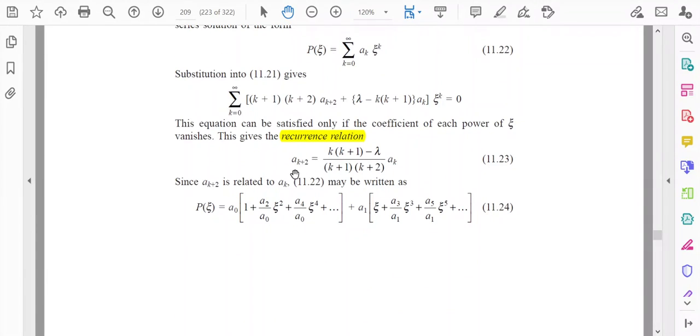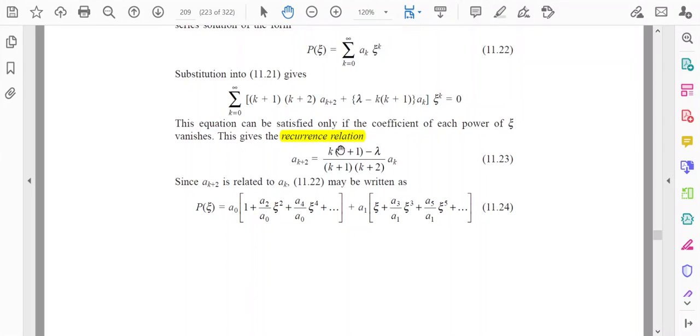You see the expression of the recurrence relation. If you look at the numerator, this is k into k plus 1 minus lambda. If we can somehow make the numerator equal to 0 at some value of k, suppose we assume that value is L, so for k equal to L, if L into L plus 1 is equal to lambda, the numerator is 0 and the left hand side will be 0, and that particular coefficient for k equal to L will be 0 and the series will terminate.